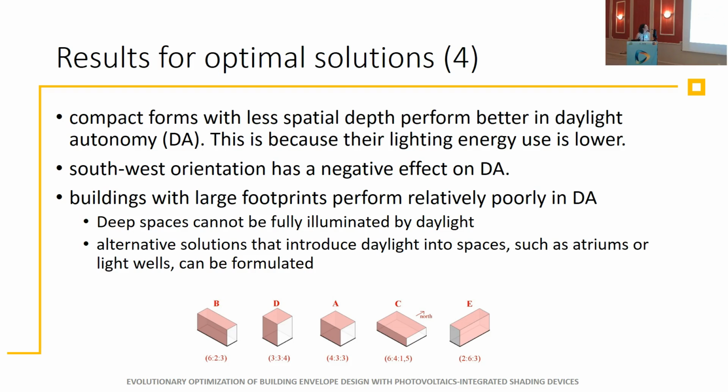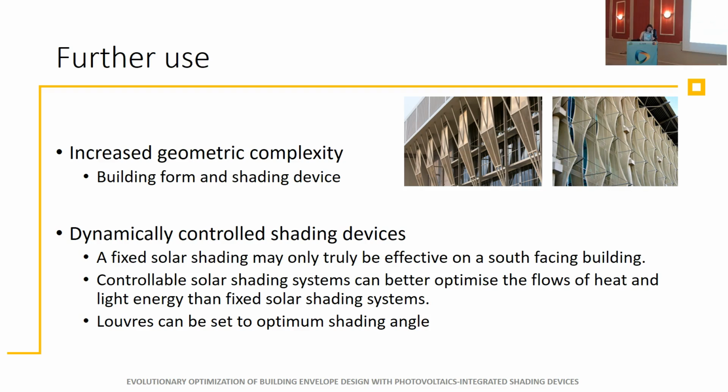And again, southwest orientation has a negative effect on DA, daylight autonomy. Buildings with large footprints perform relatively poorly in daylighting because these deep spaces pose challenges to be fully illuminated by daylight. And if this is the case, alternative solutions need to be formulated to introduce daylight into spaces.